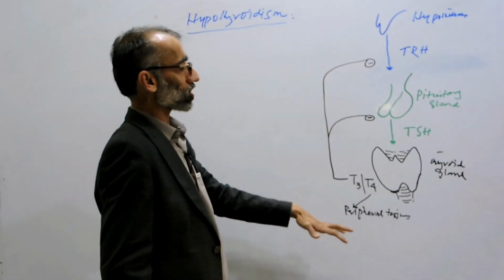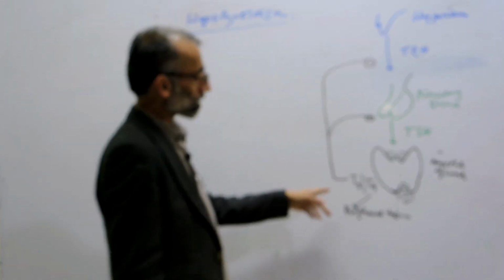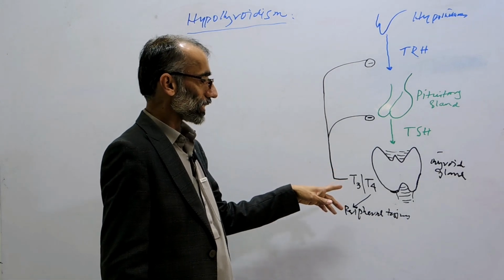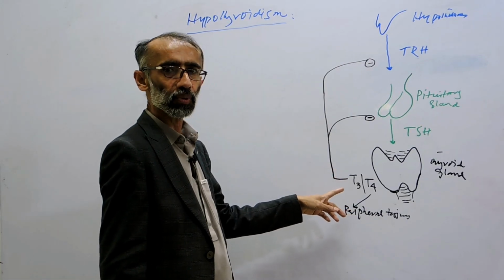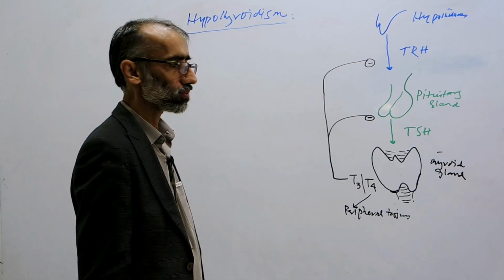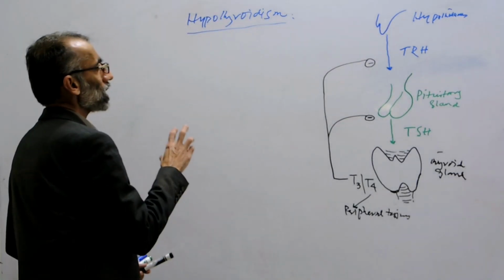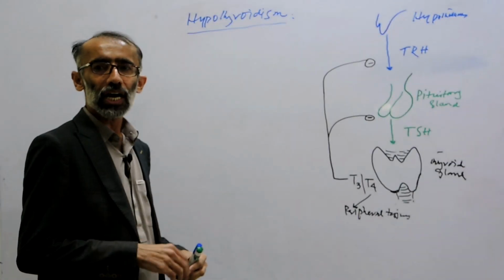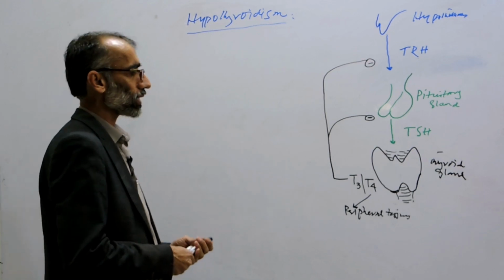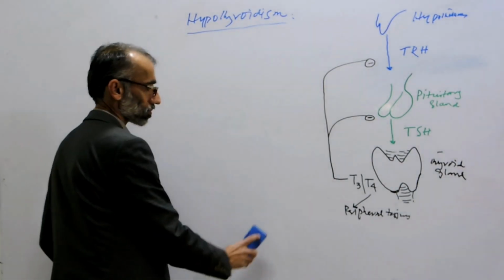TSH and TRH, from the pituitary gland and hypothalamus, are controlled by thyroid T3 and T4 by a negative feedback mechanism. What are the types of hypothyroidism and what are their characteristics? Let us discuss it.